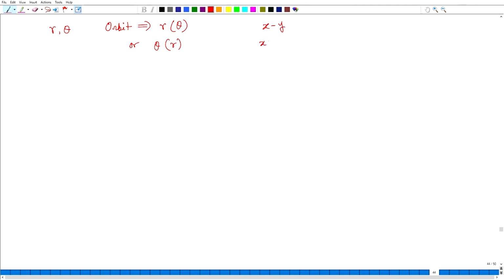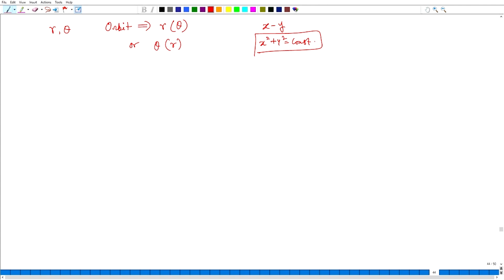Let us see, if you say that in an xy plane x square plus y square is equal to constant, you know this will be a trajectory of a circle, just like this. Okay. So, I will first do something very simple.